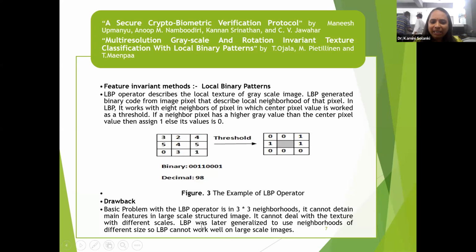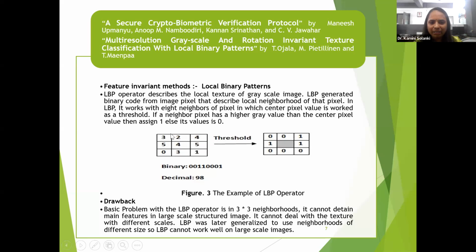Here I have taken one example of a 3 by 3 matrix. Suppose your grayscale matrix has the values, for example, 3, 2, 4, then 5, 4, 5, 0, 3, 1. Now you have to deduct the center value from the neighbor values.